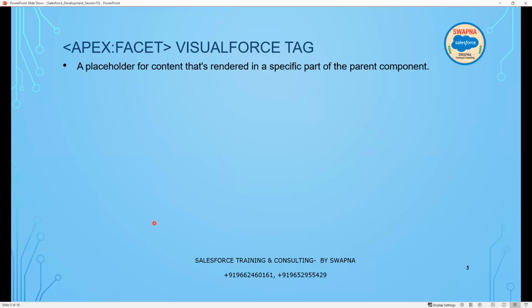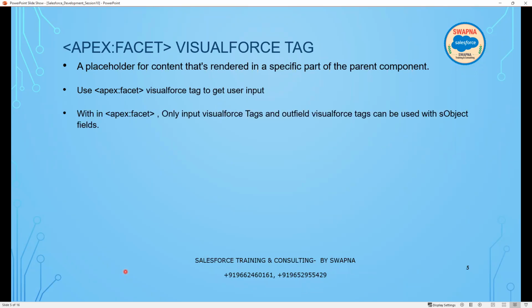Mostly Apex Facet is used for the table, and we use the Apex Facet Visualforce tag to get the user input. Within the Apex Facet, only input and outputField Visualforce tags can be used with sObject.